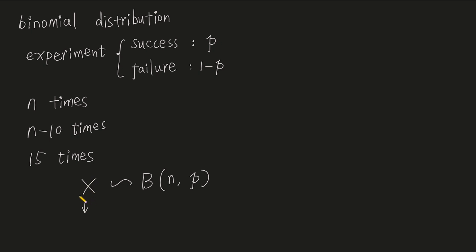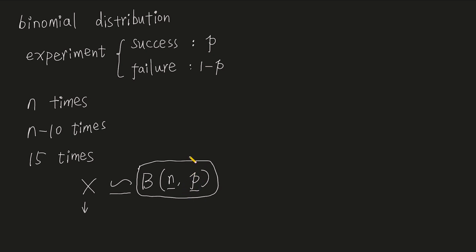This is the random variable. This symbol represents follows, and this part represents the binomial distribution. Here, n represents the number of experiments, and p represents the probability that success occurs in one experiment.